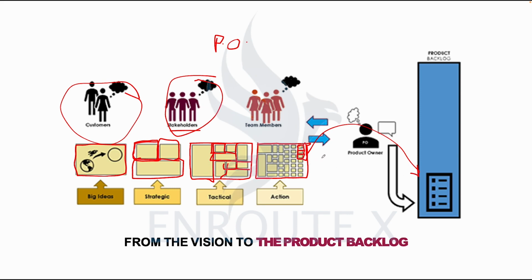So for instance, let's assume each of these pieces is 2 points. Meaning the team has capacity, a team of 3 developers.